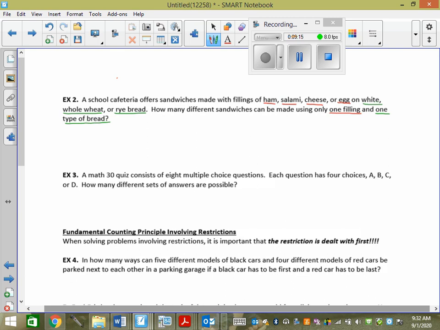So the fundamental counting principle, we're going to go blank filling. So we're doing 1 filling and 1 bread. Because we need the filling and the bread to make the sandwich, not the filling or the bread to make the sandwich, right? If it was or, you'd have the filling or you'd have the bread.